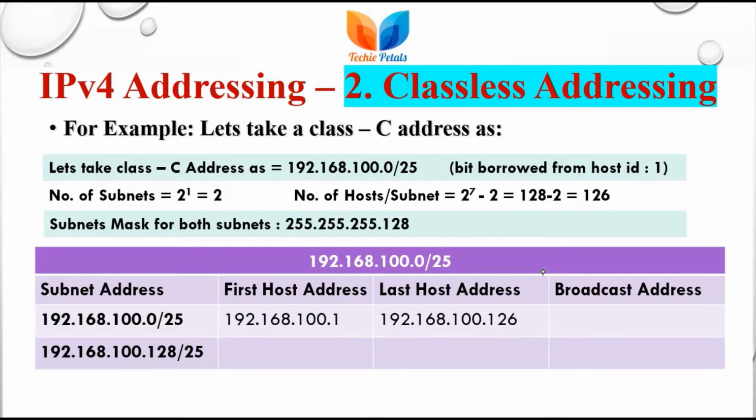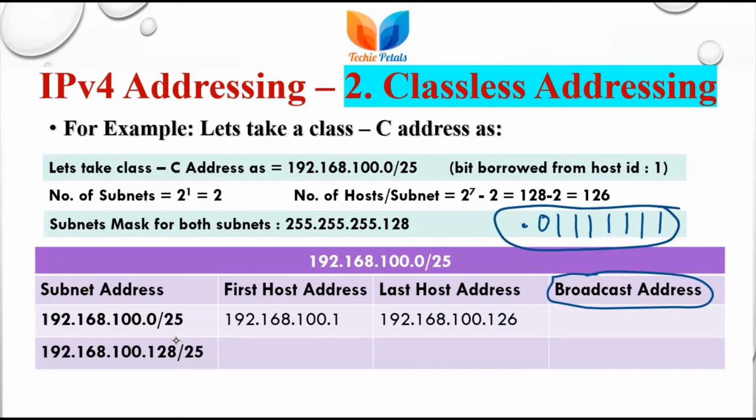And if we have all bits as 1, what can be the broadcast address of this network? We need to find out the broadcast address. For the last octet, if the first bit is 0 and all the other 7 bits are 1, this will form 127.